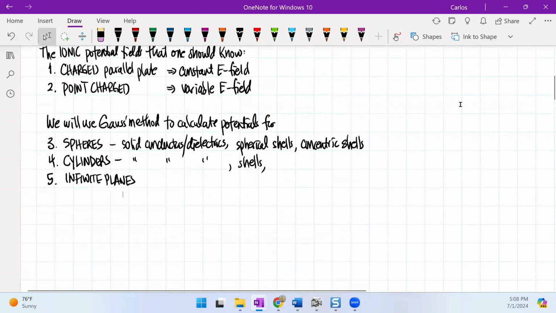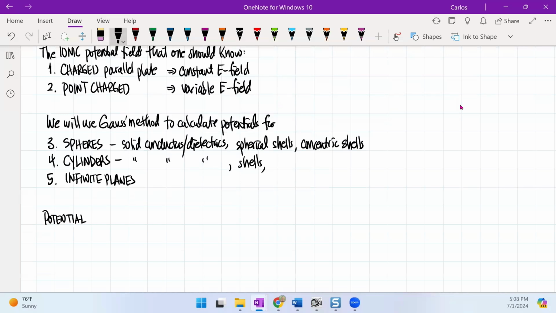So the first one I'm going to go after is a charged solid conductor. So what we're looking at is we want to look at the potential field for a charged solid conductor.